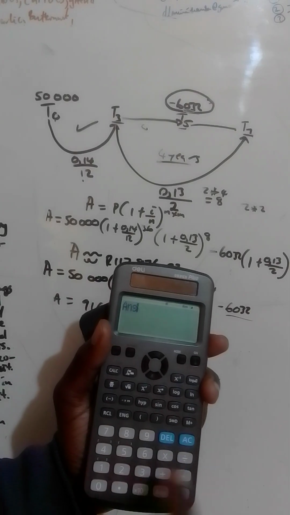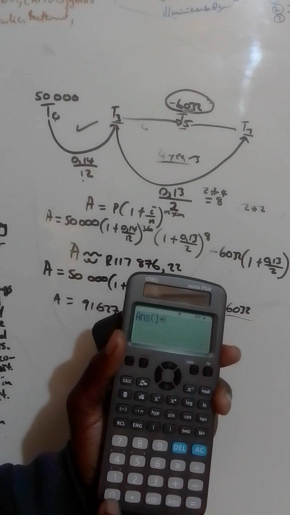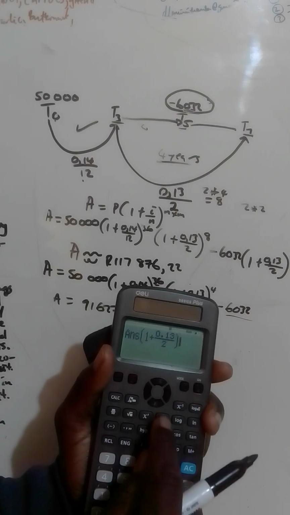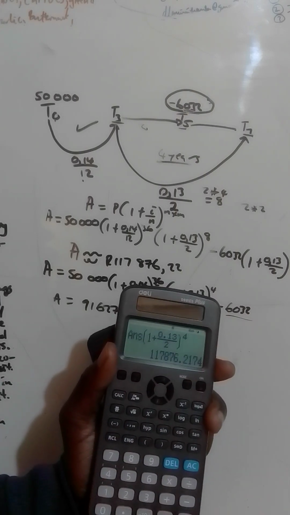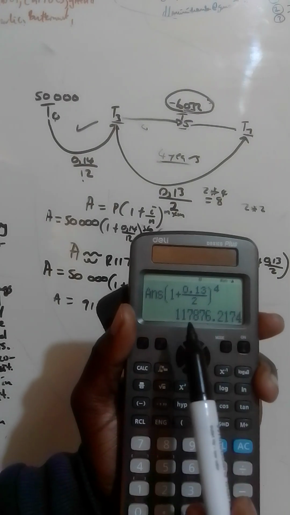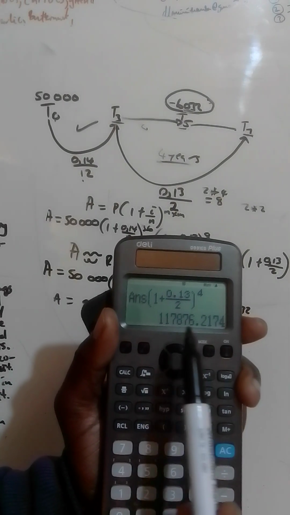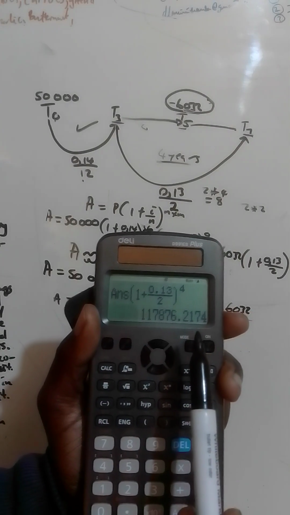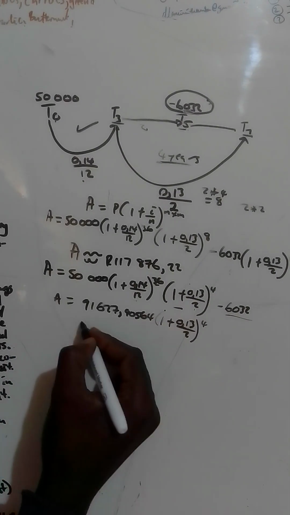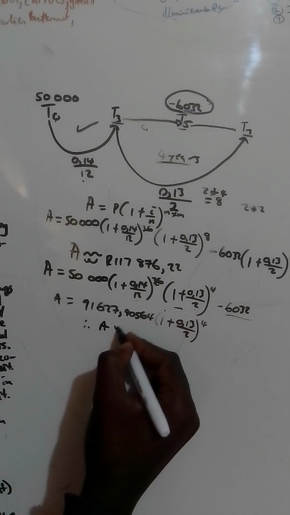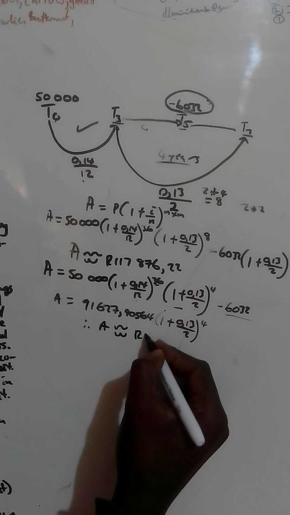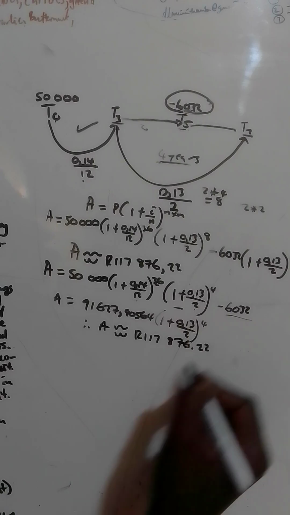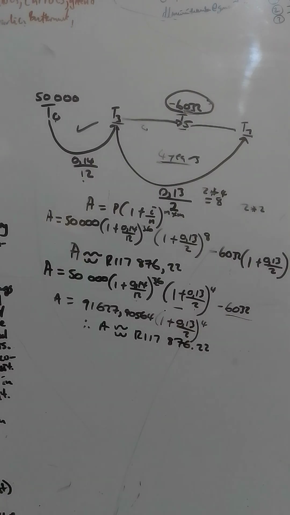So now I say answer, open bracket, 1 plus 0.13 divided by 2, close bracket, to the power 4, which is equal to, and as you can see, like we found previously, 117,876 rands, and we round off to 22 cents. So we say, therefore, our A is approximately 117,876 rands and 22 cents, right?